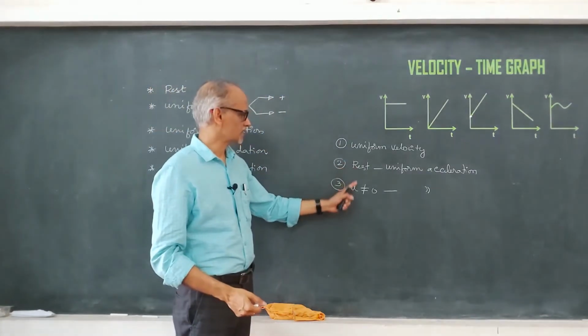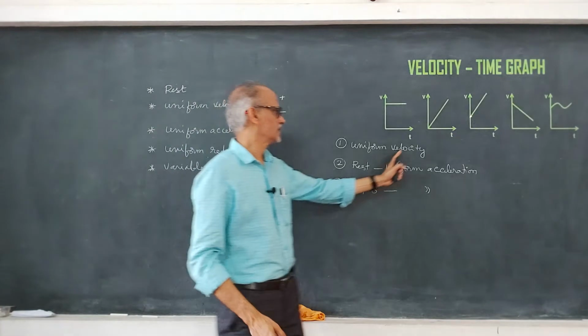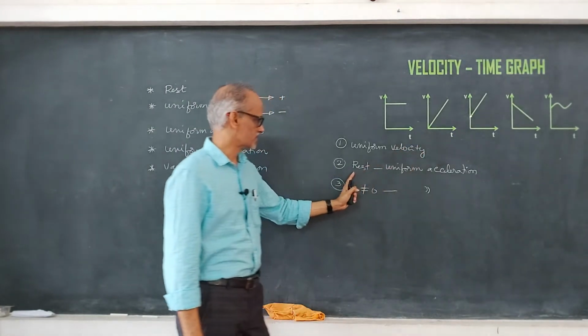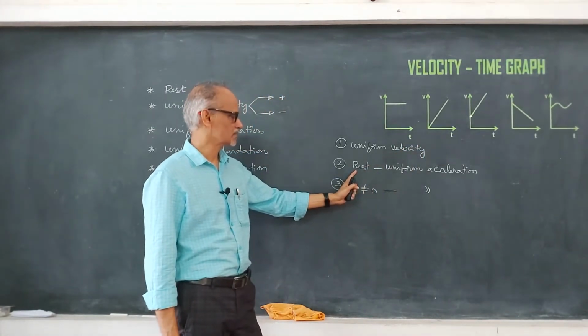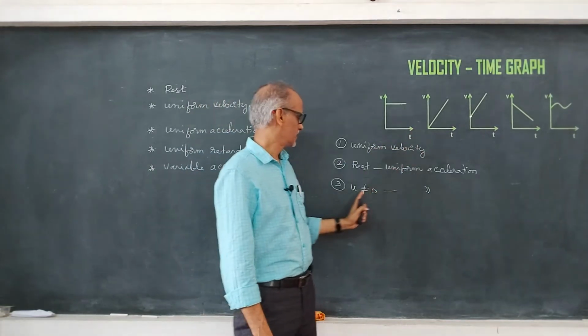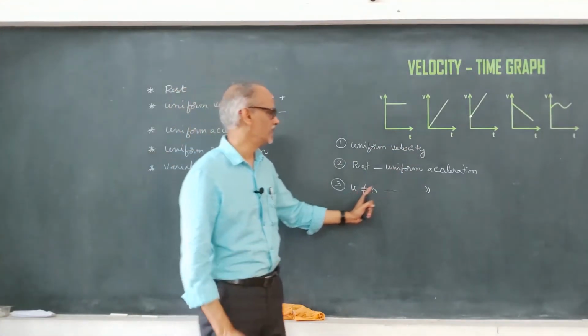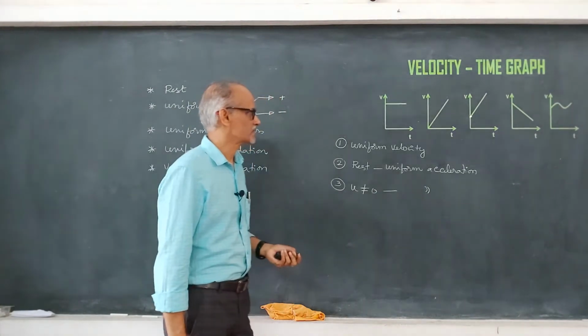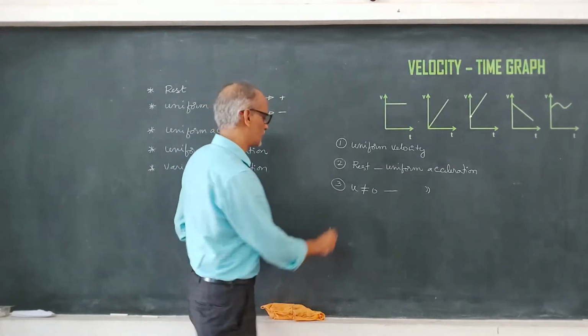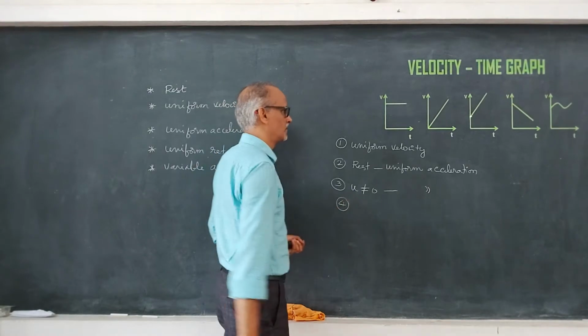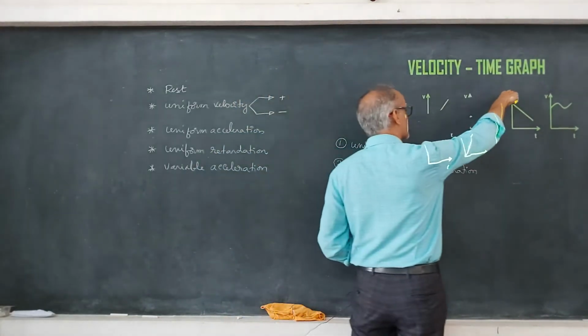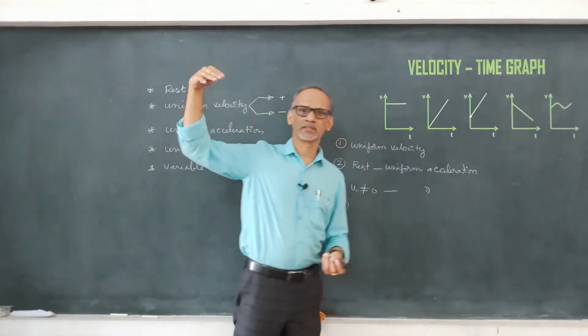So, the difference is, in the second graph the body has 0 initial velocity, that means the body starts from rest, but in the next graph the body doesn't start from rest, it has a certain initial velocity and then moves with uniform acceleration. In the fourth graph, you can see the velocity is decreasing.